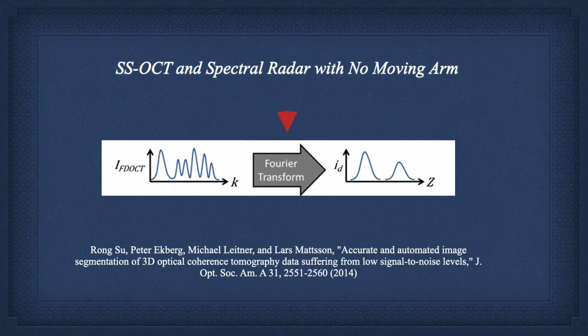But now we have to digitize the signal to get it into the computer. The optical signal and the signal in the electronics is initially analog. It's continuous, but we need it digitized into bits for the computer. And with these spectral techniques, we're going to run into a problem.